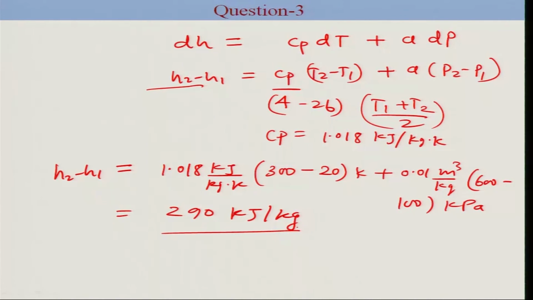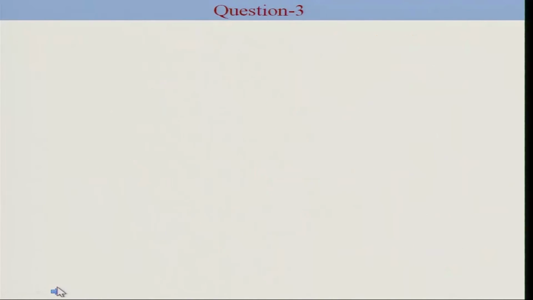We have to compare this result with the ideal gas equation of state. Since we know enthalpy of an ideal gas is a function of temperature only, from there we get dH equal to Cp dT. After integrating, we get H2 minus H1 equal to Cp times (T2 minus T1).